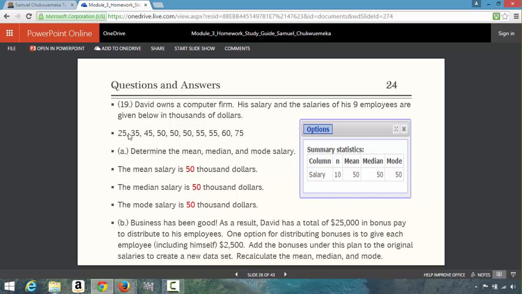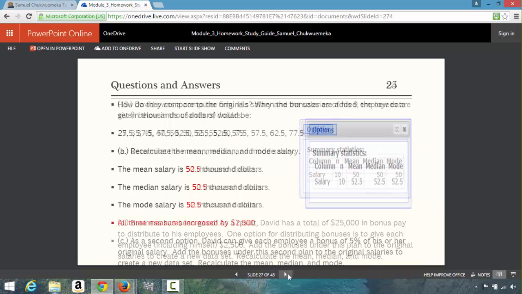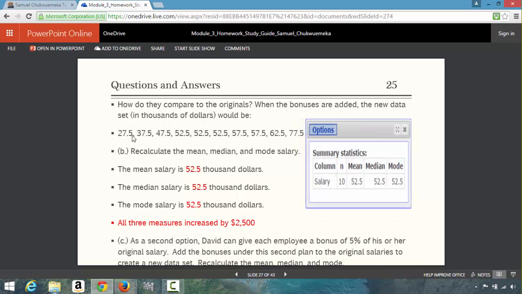So we add 25,000 plus 2,500. Okay, 35,000 plus 2,500. Remember that these are in thousands of dollars. So when you do that, you have $27.5 thousand, $37.5 thousand, of course, which means 37,500.